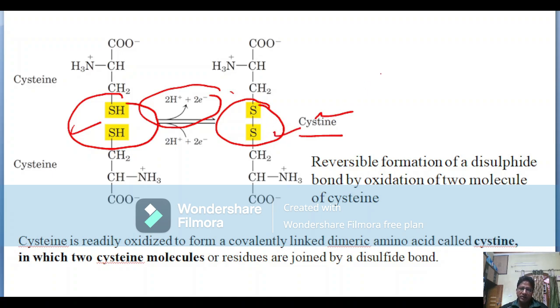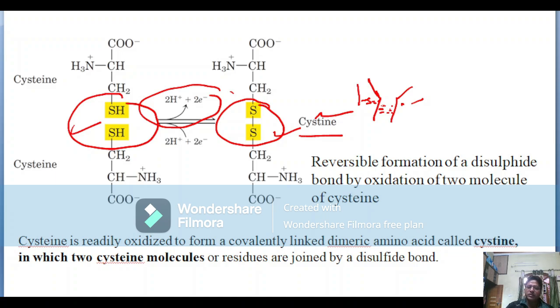This helps in the structure formation of many multimeric proteins. Like you can see in the structure of the immunoglobulin, there is the light chain and the heavy chain, and these are linked with the help of disulfide bonds, due to which these polypeptide chains are held together.